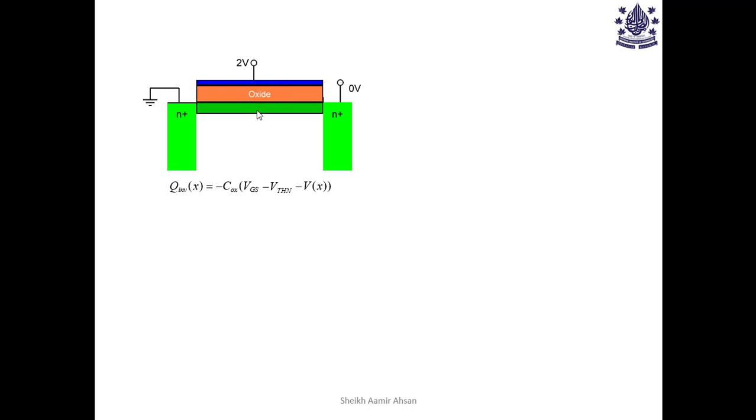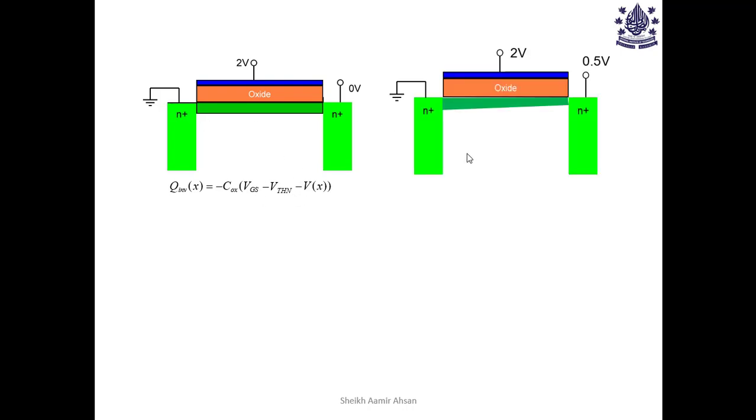So we'll be having an inversion channel, and it is fairly constant. Okay, it doesn't vary along x. And Vx is actually 0. So Q inversion becomes minus Cox times (Vgs minus Vthn). So that is constant.